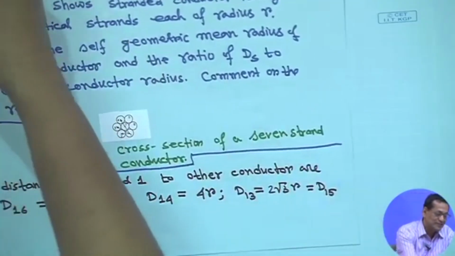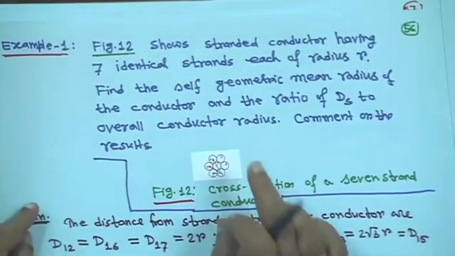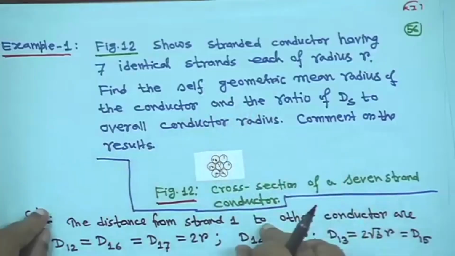Therefore, because you have to obtain your self GMD, first thing is, look how we will make it. You have to see that there are 7 conductors, right, and you want to find out the self GMD, that means it is n square. So 49, you have to take the 49th root, right, such that 49 possibilities are here.